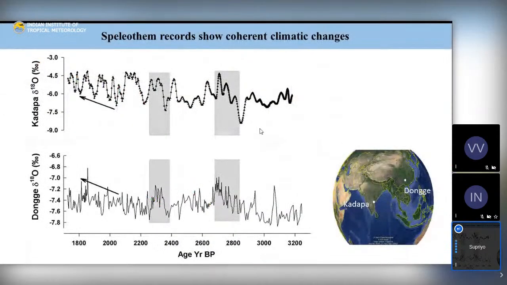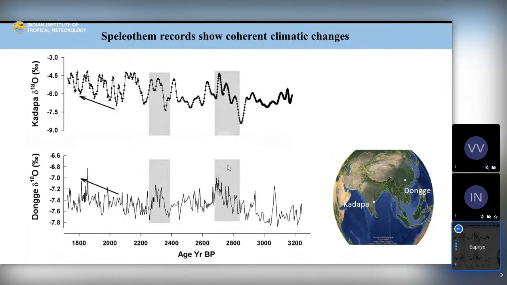This is another work that we would like to show here: one speleothem record from Kadapa in India and another speleothem record from Dongge in Southeast China. They also show very close resemblance in their delta 18O pattern.